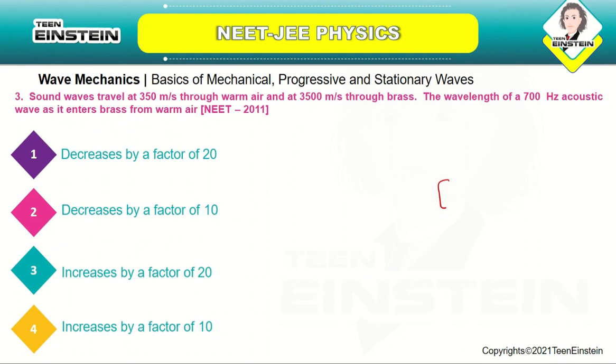So they want us to find out the wavelength. V is equal to n lambda, as frequency is same in both the medium. Since frequency is same in both the medium, V is directly proportional to lambda.